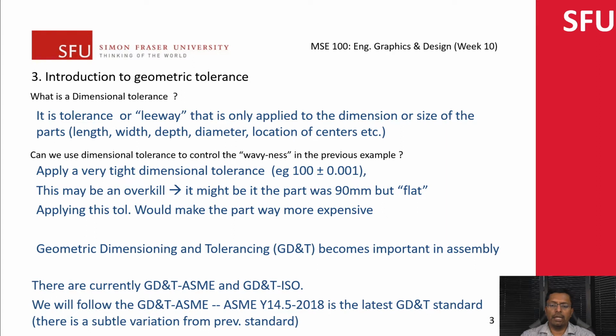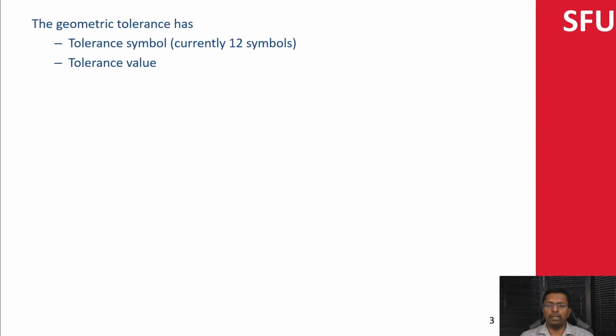Between the previous standard and the current standard, the latest one is 2018, ASME Y14.5 2018, and there is a slight variation from the previous one. There are basically geometric tolerancing symbols.